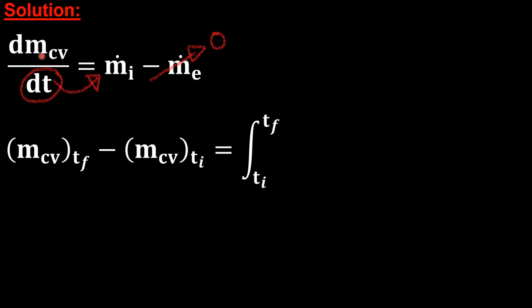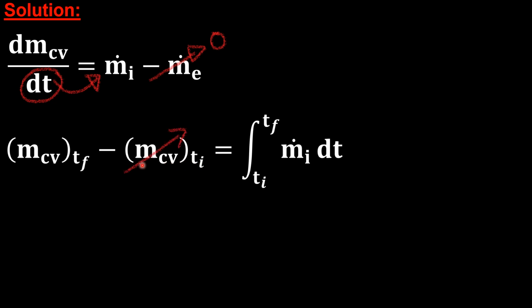And what we will do is take the delta time and move it to the other side of the equation, and then rewrite the equation. Now remember, this is the change in mass within the control volume, so the final mass minus the initial mass. The mass of the control volume at the final time minus the mass within the control volume at the initial time.